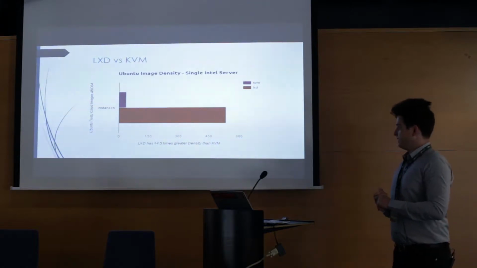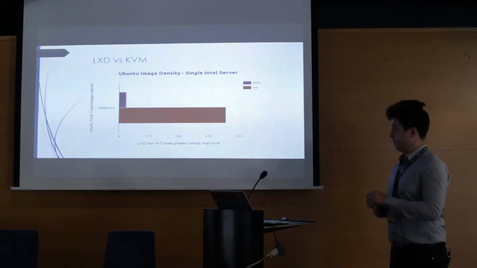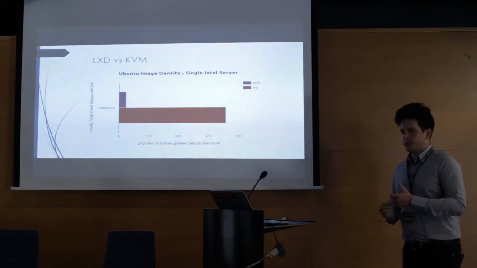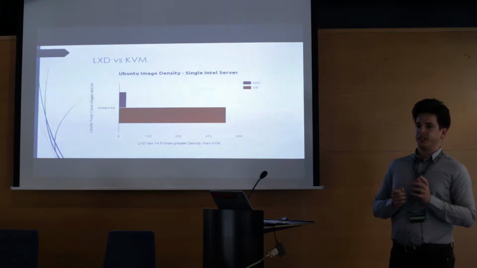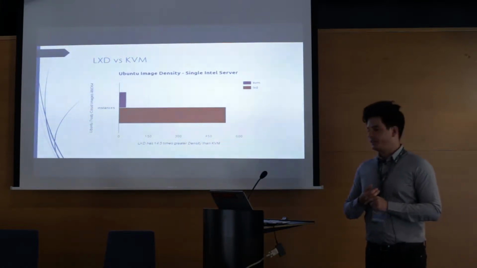This means that you can achieve a higher container density, and also that the memory footprint of the container is very low. We ran the test ourselves, and the memory footprint was from 16 to 32 megabytes per container.